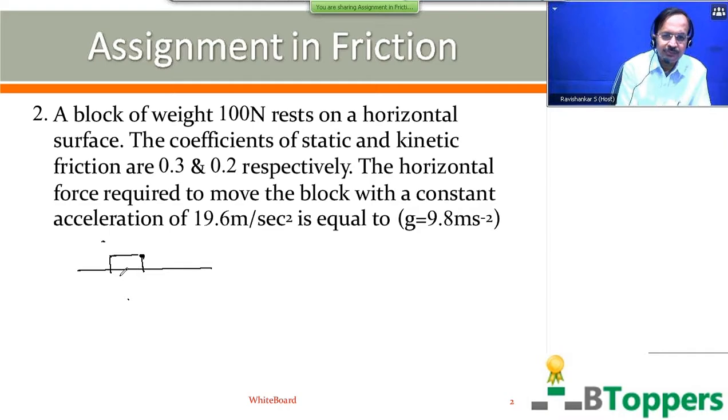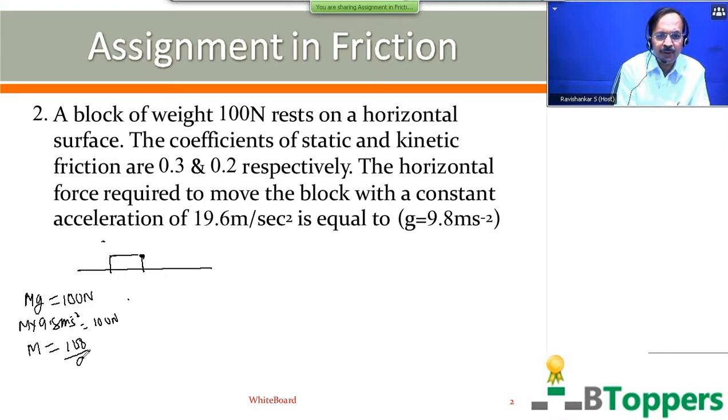So here you are given the weight mg of the block as 100 newtons, and g is 9.8 meters per second squared. So you get the mass of the block as 100 by 9.8 kg.